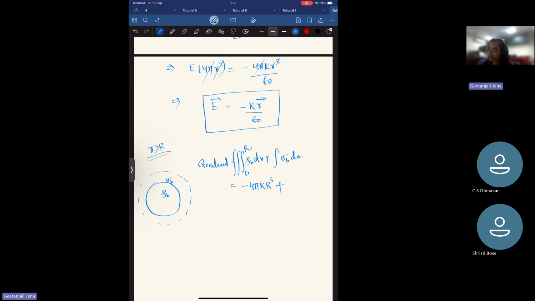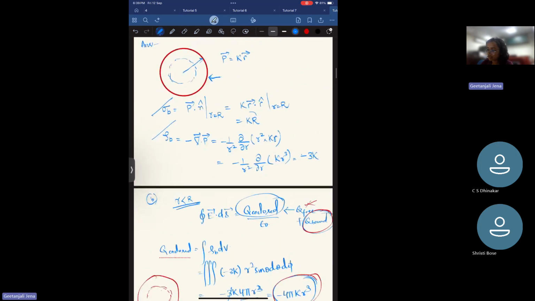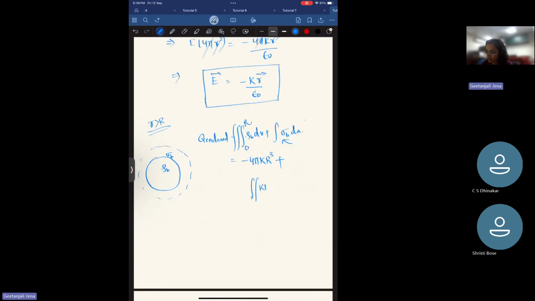And for sigma b dA, remember that sigma b is the surface charge density at the surface. Sorry, this will be a double integration. Sigma b we have calculated, this is kR, and the area vector is in the radial direction, which is 4 pi R square, right?